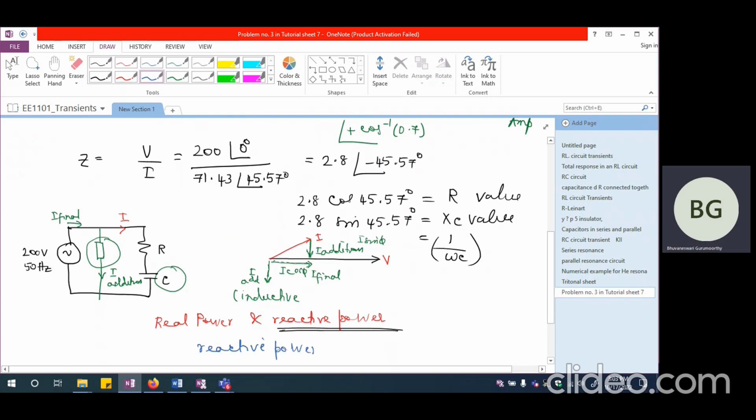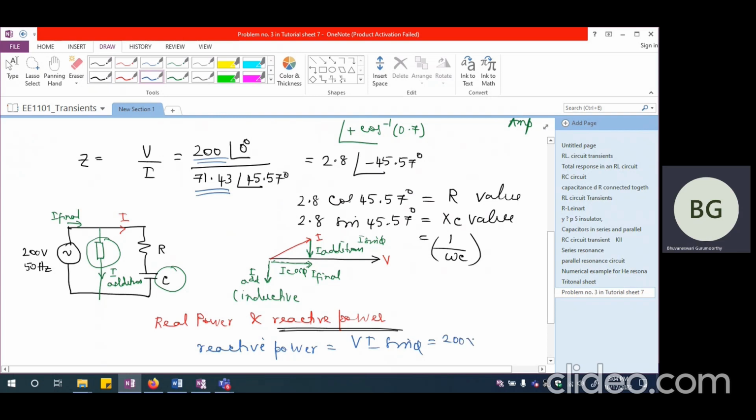So let me calculate the reactive power. Reactive power is going to be VI sin phi. What we got as the current was 71.43 ampere, and the voltage is 200.